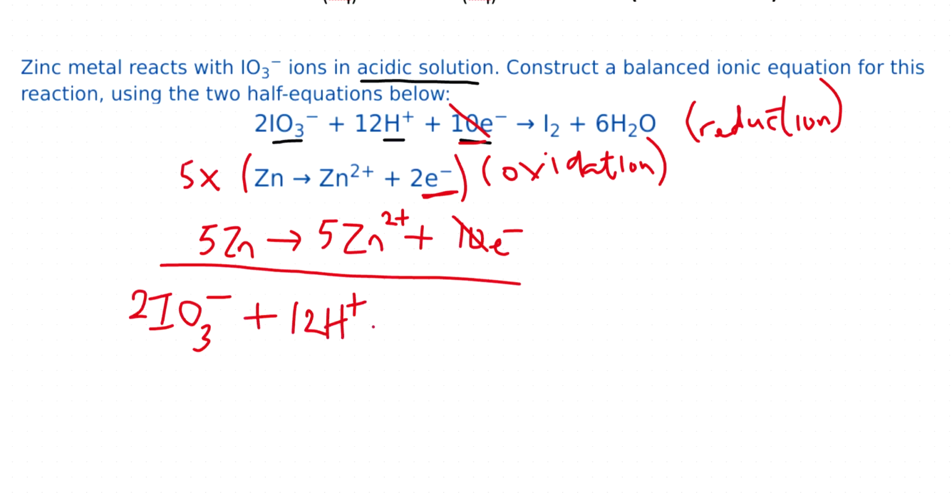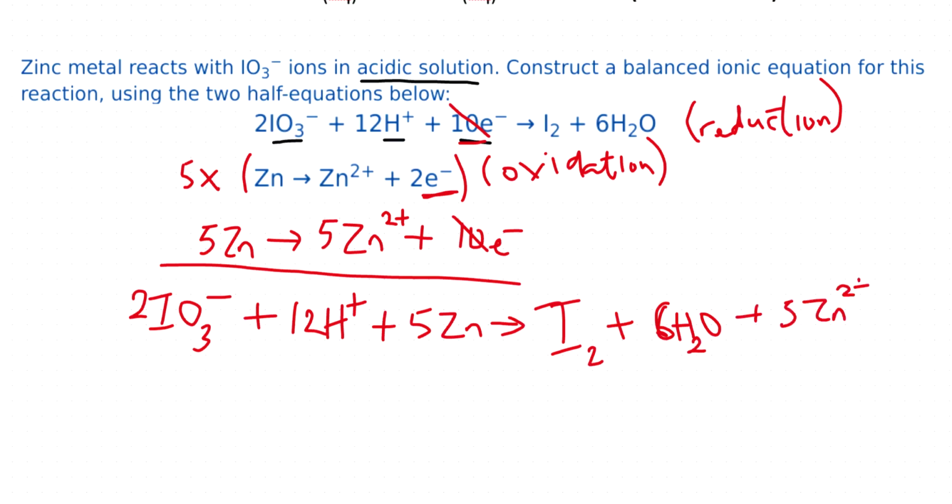Now everything will be giving us the iodine that we have there plus 6 moles of water plus the 5 moles of the zinc ion. And this is our full ionic equation for this example.